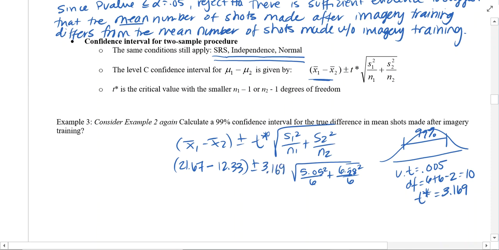Okay, so you're going to add and subtract, or find the difference there. So this should be 9.34 plus or minus. Simplify that whole right side and get the margin of error. So you get 10.425, and then add and subtract that.